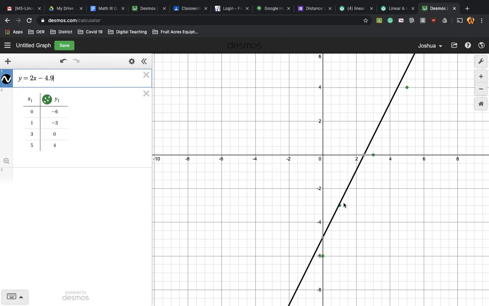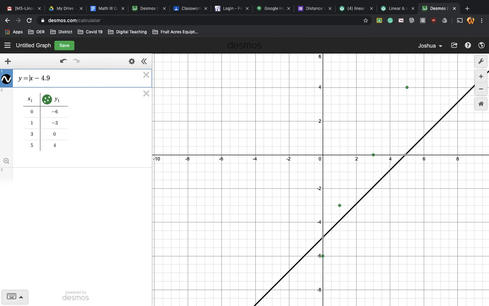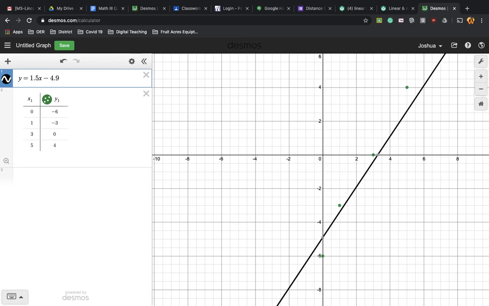4.9. So we're getting closer, and I think we need to adjust our slope a little bit. 2.2. Oh, too steep. Let's go 1.5. Too shallow. 1.7. Hey, 1.7 is looking pretty darn good. 1.8. Even better. And now we start to see a pattern. Right? I have a line touching 2 of the points, but 2 of the points are missing.